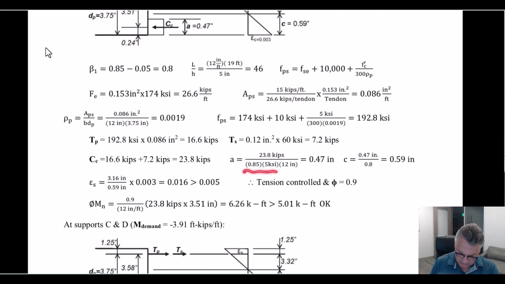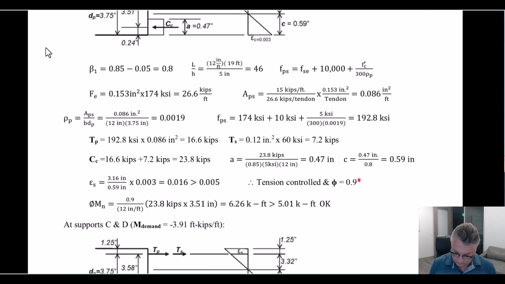0.85 F prime C B times A. So we'll rewrite that in terms of A so we can know how deep, where that concrete force exists. 0.47 is the Whitney stress block. And the neutral axis depth, just to make sure we're tension controlled, we will check that with 0.59 inches. So here we're checking that the strain in the steel is greater than 0.005, which it is.